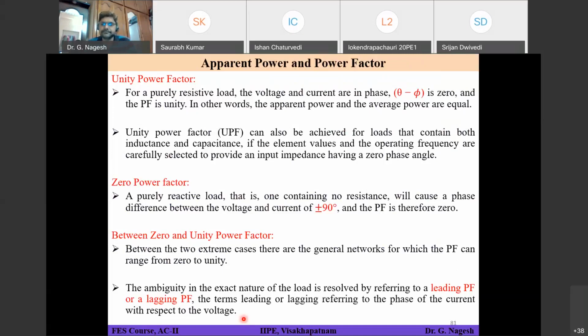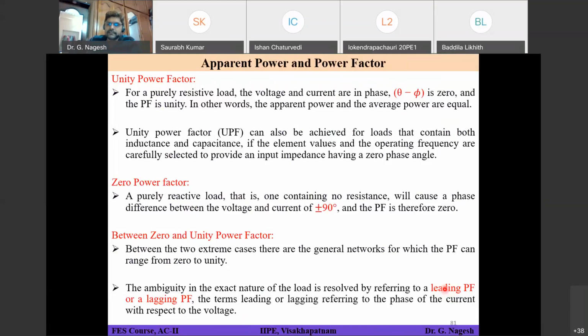Because of R and C in your circuit, you are getting a 0.6 power factor, and because of the capacitor, you use the term leading. So if I say in the question that it has a leading power factor of 0.6, you should understand that you have resistance and capacitance in your circuit. That is the meaning.